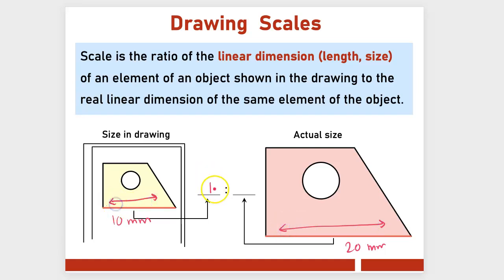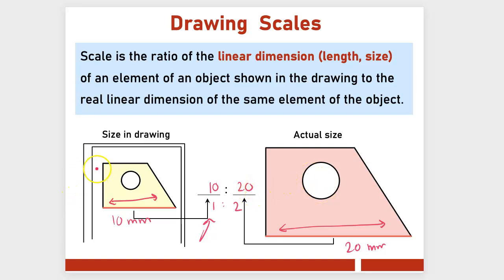What you're going to write is 10, 20, and you're going to make this smaller. So it's going to be a scale of 1 to 2, whereby 1 tells you the scale of the size in drawing, and the right side tells you the scale of the actual size. So if the size in drawing is 10 millimeters, the actual size is 20 millimeters.